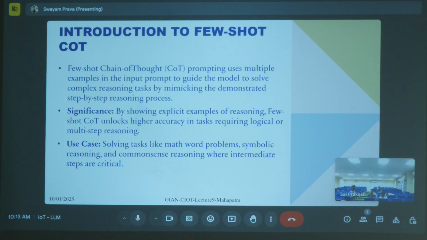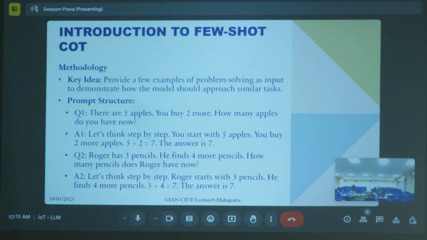So it actually helps in math word problems or symbolic reasoning and common sense reasoning, where intermediate steps are critical. So the key idea here is to basically provide a few examples of problem solving as input to demonstrate how the model should approach similar tasks.